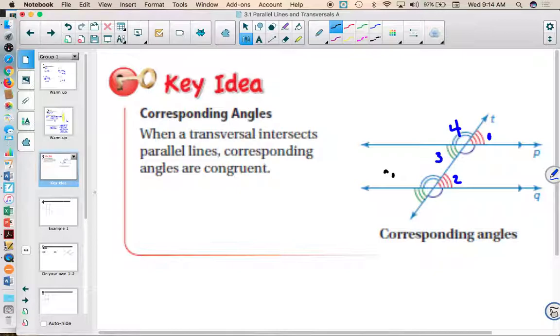Yes. We're going to call this one 2, 6, 7, 8. If I knew what angle 4 was, would I know what angle 6 was? Yes. Do you see how if I just know one of those angles, I can find every angle there, all 8 of them? And that's the kind of stuff we're going to be doing. Okay?